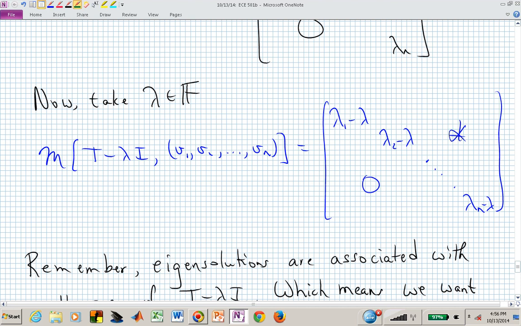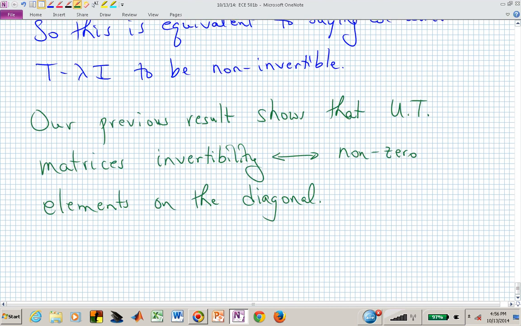Lambda sub 2 minus lambda needs to be 0. So now the lambdas that cause that to happen are in fact lambda 1, lambda 2, and lambda sub n. Thus, lambda is equal to lambda 1, or lambda is equal to lambda 2, or lambda is equal to lambda sub n.